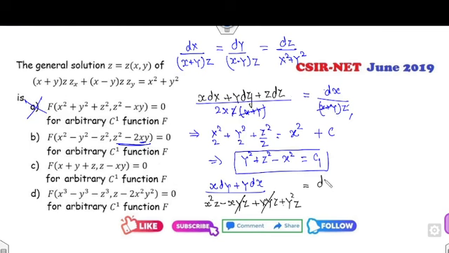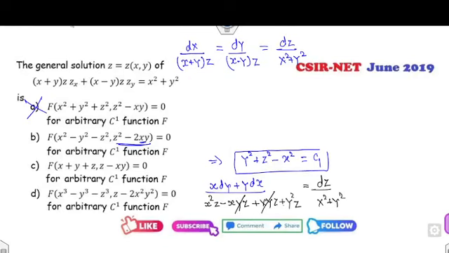I can compare this term; clearly z will be common, x plus y will be cancelled out. So this quantity is x dy plus y dx equals z into dz. So if you integrate them, this is xy, this is z square by 2. So z square minus 2xy is the correct option.